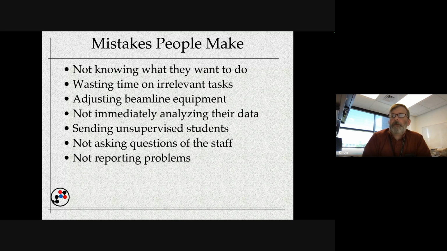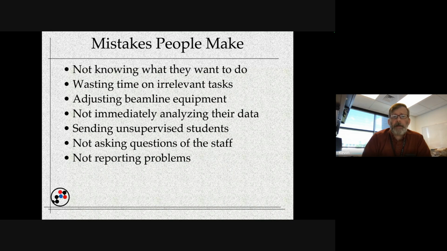Maybe there's some newer, better way to do something, or a feature in the software that you don't understand, or a better way to do analysis. Definitely don't be shy about asking the staff how to do things at the beamline.